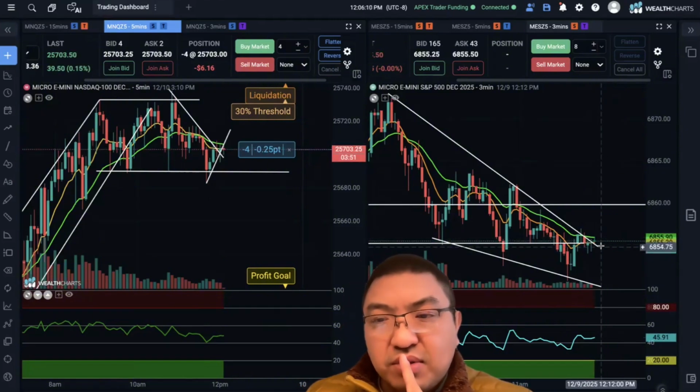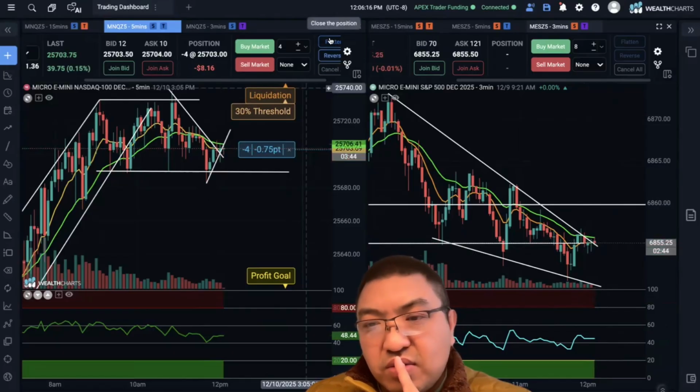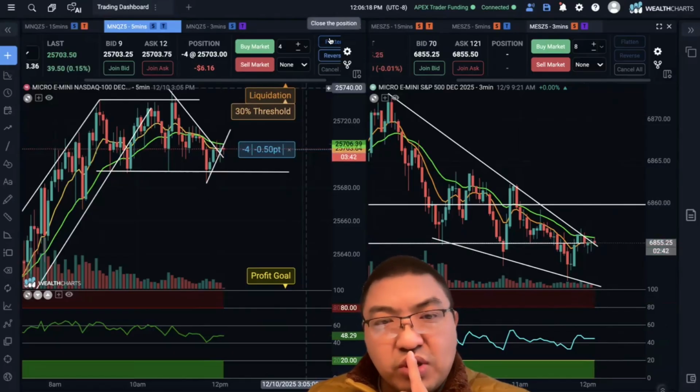Gradually stepping out of the trend line. That's not a good sign. I will probably quit this trade whenever it shows some positive PNL. Come on, get me some opportunity.